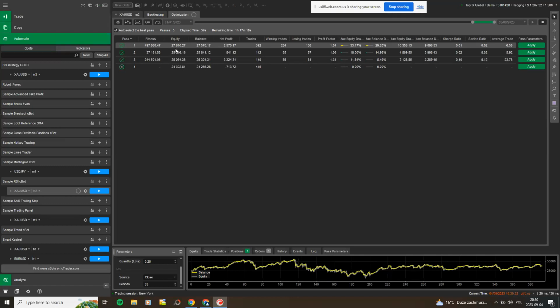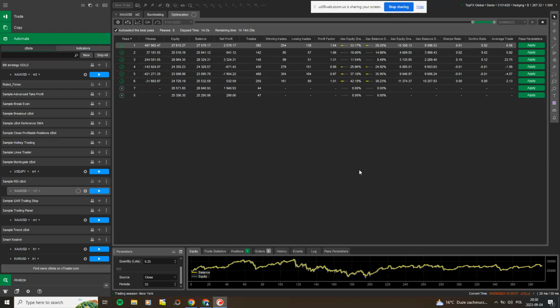So what do we have here? 27% of the equity, starting balance was 25,000, net profit 2,530, 392 trades, winning trades 254, losing trades 151, profit factor is 1.04, maximum equity drawdown 33%, which is kind of a dip, but so far is the best since the 1st of January on gold, 2-minute time frame. Then max equity drawdown, max balance drawdown, Sharpe ratio, Sortino ratio, and average trade 6.65.